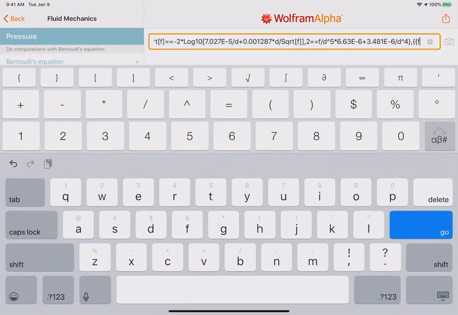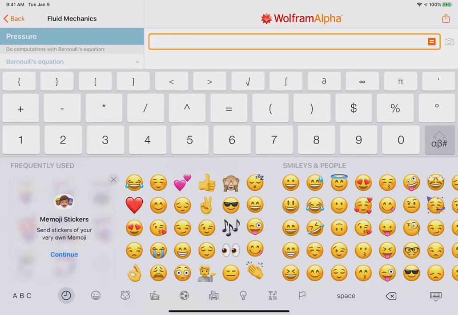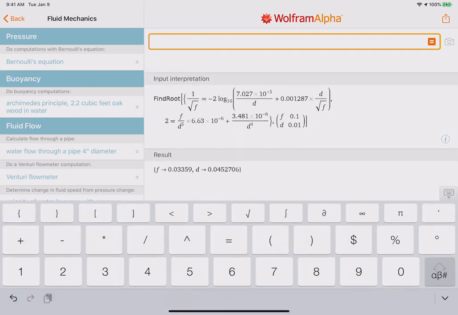Hopefully I don't have another typo. So again, we use the find root command of the first equation, which is 1 divided by square root of f. Oops, and I forgot to put this in curly brackets because it's a list of equations.